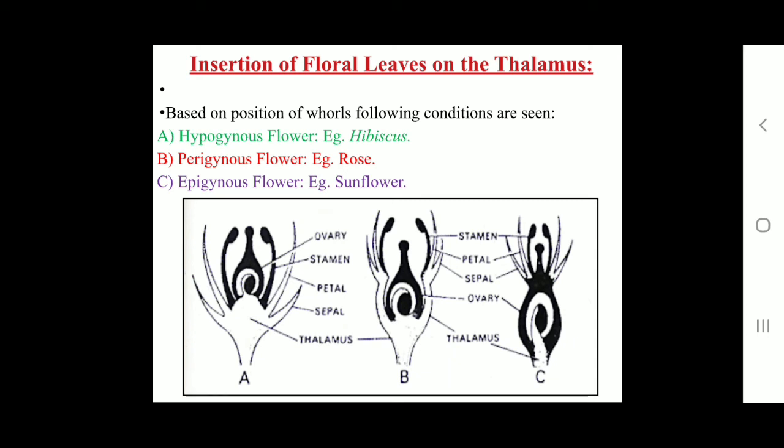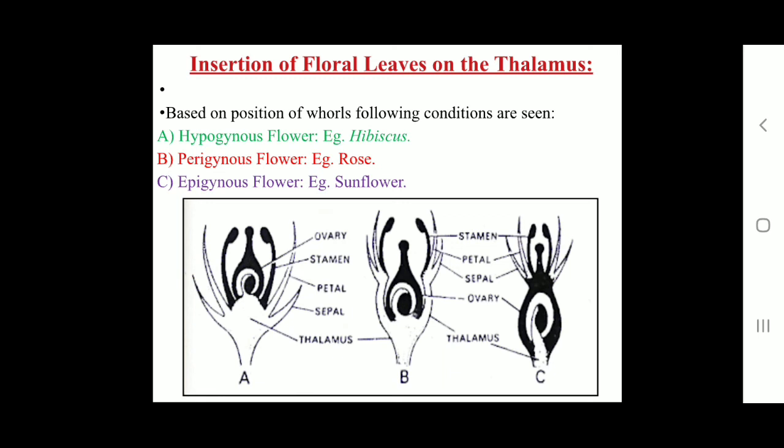The mode of insertion of sepals, petals and stamens with respect to gynoecium shows some variations, and it depends mainly on the shape of the thalamus. Based on the relative position of these whorls, following conditions are seen, such as hypogynous flower, perigynous flower and epigynous flower.